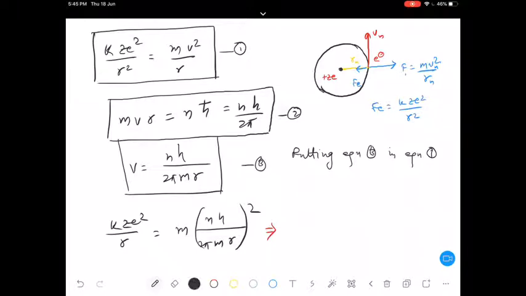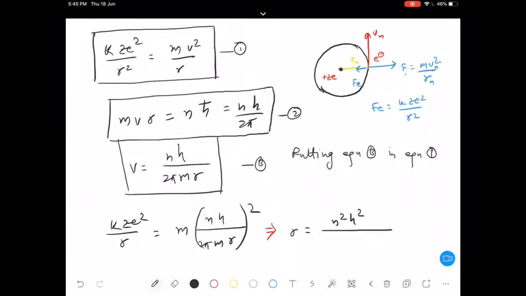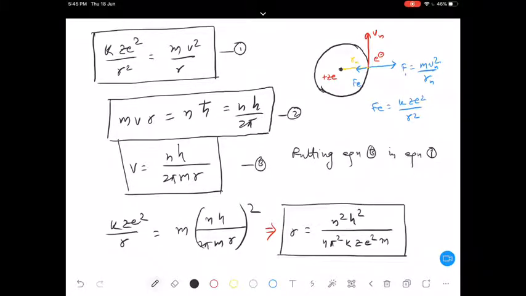Or I could write directly the value of r from this expression. Can I open this expression? If I open this expression, I'll obtain r coming out to be n square h square upon 4 pi square kZe square into m. Check whether it is correct or not.